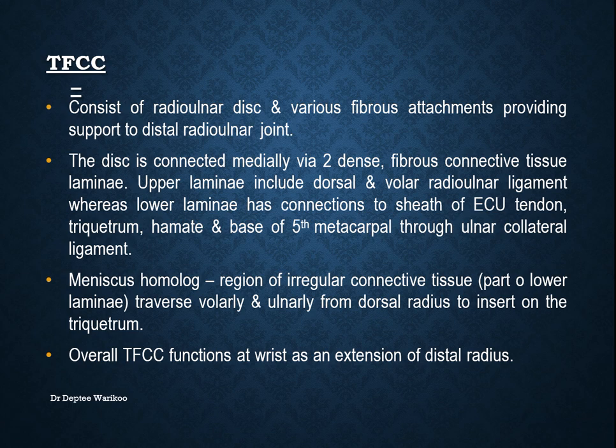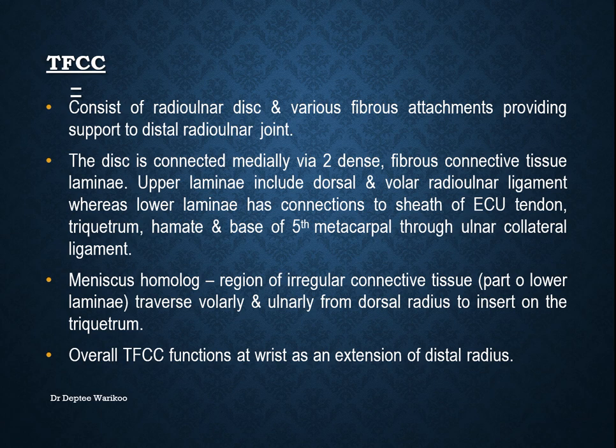Okay, so the so-called meniscus homologue is a region of irregular connective tissue that lies within and is part of the lower lamina, running transversely, volar and ulnar, from the dorsal radius to insert onto the triquetrum bone.